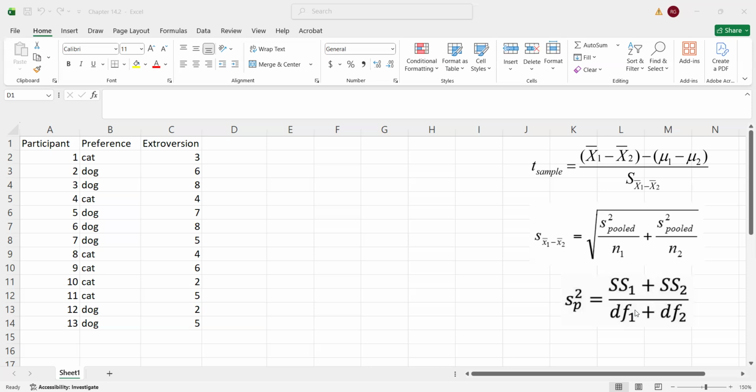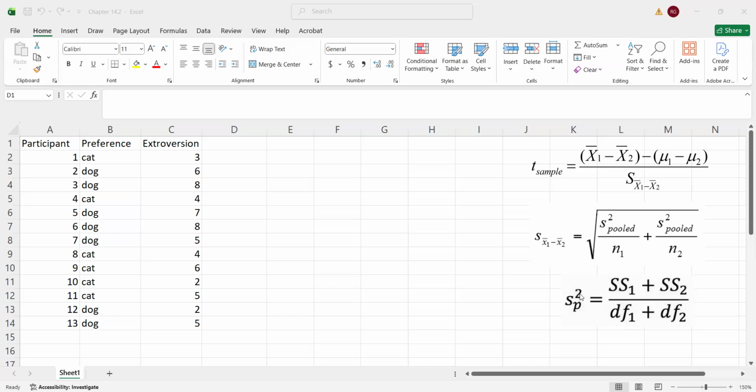If you add them together, though, that means that you're basically saying, I want everybody in the entire study, so the entire sample size of both the groups combined, minus 2. So n minus 2 is one way you could think about this, or degrees of freedom of group 1 plus degrees of freedom of group 2. That's the same thing as n minus 2 overall.